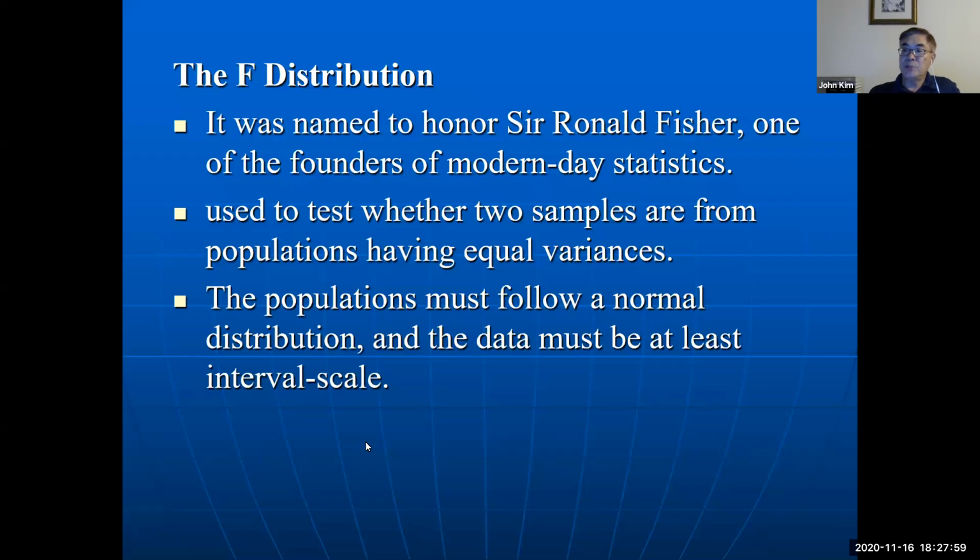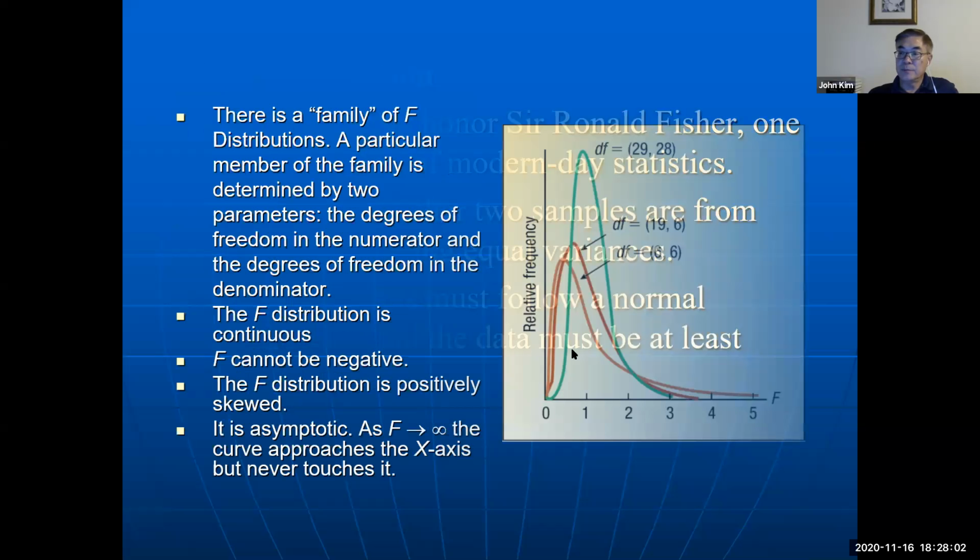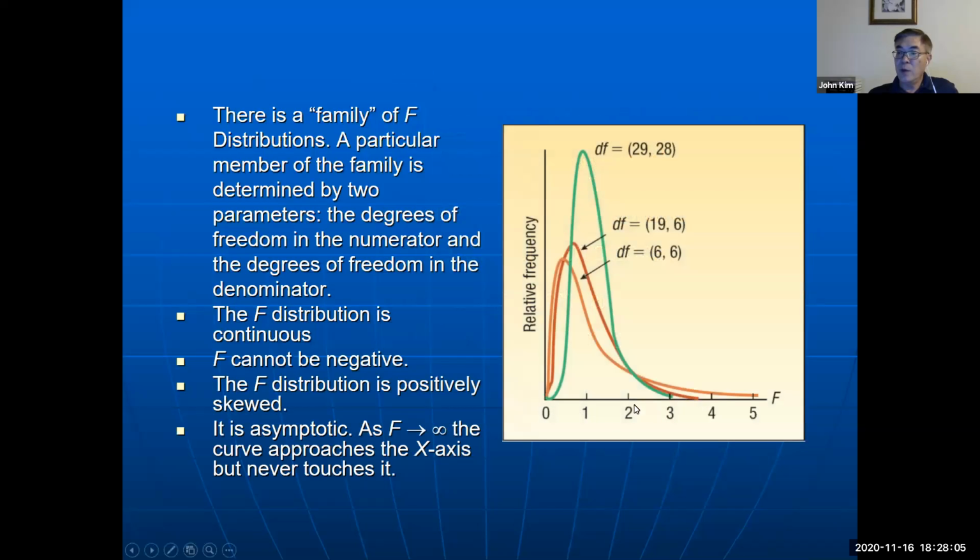The F distribution looks like this: always positive, on a scale from 0 to a certain number. As with regression analysis, using the F distribution we need 2 degrees of freedom, DF1 and DF2, also called the degrees of freedom in the numerator and in the denominator.